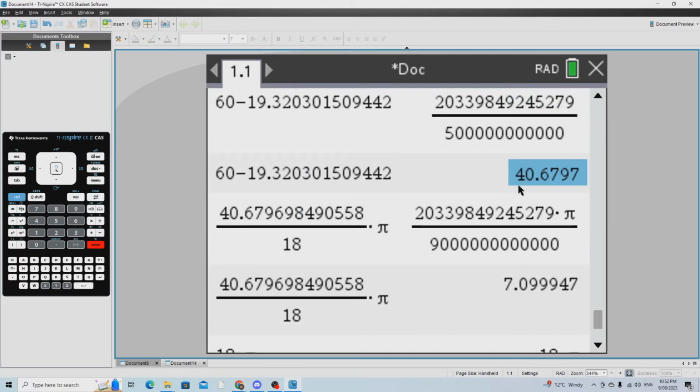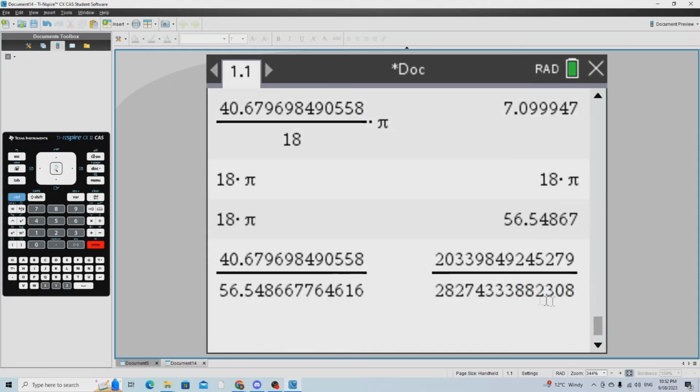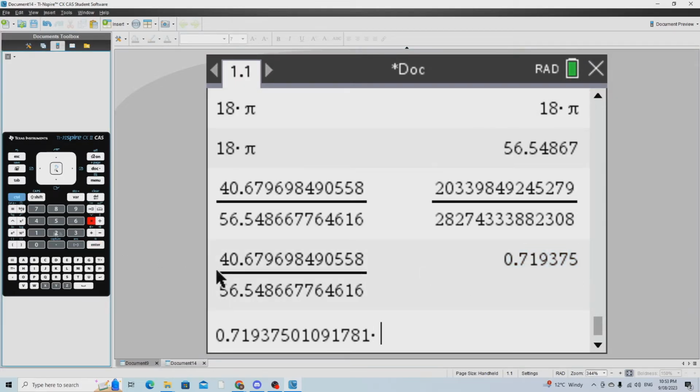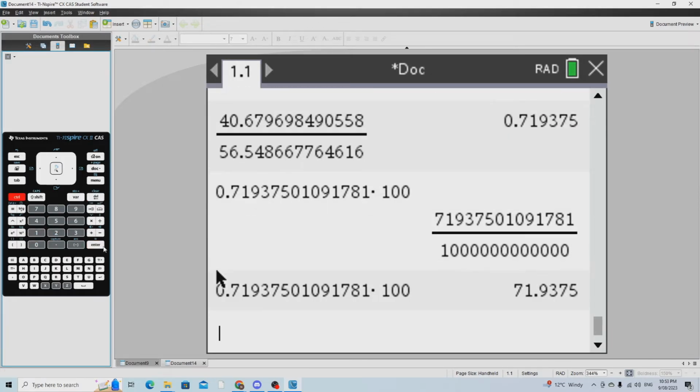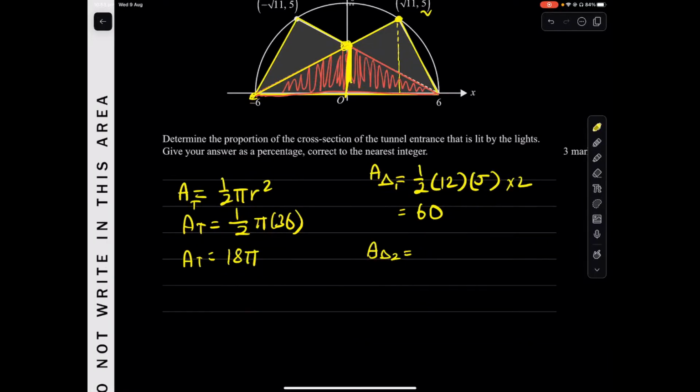Okay, so it's this divided by this, which is this, times it by 100. This, 72. Oh my god, what's this question, bro? So 72% is your proportion to the nearest integer.